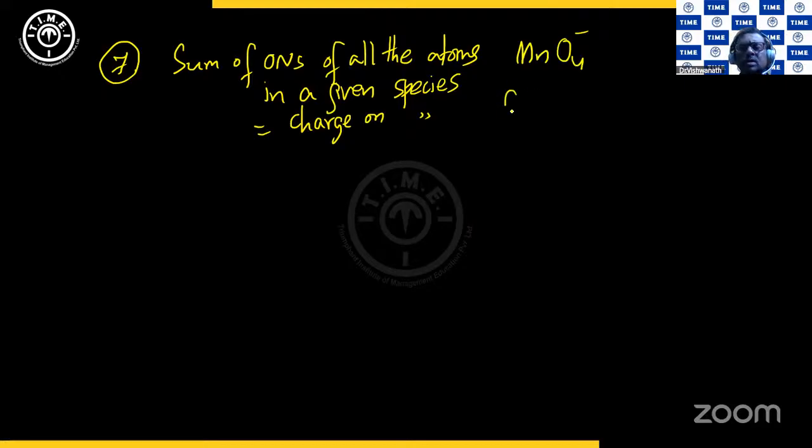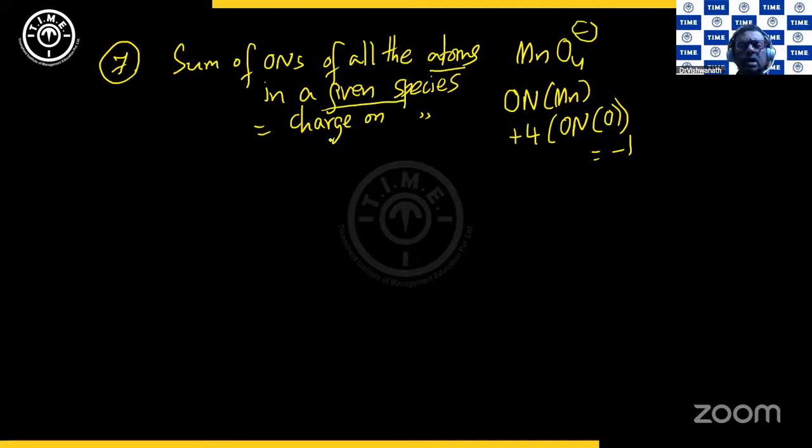I take up oxidation number of Mn, I take 4 into oxidation number of oxygen, and that whole thing is equal to -1, which is the overall charge. So sum of the oxidation numbers of all the atoms present in a given species is the charge on that entire species. Clear? So with all these things in mind, we'll be able to find out the oxidation numbers of various elements.